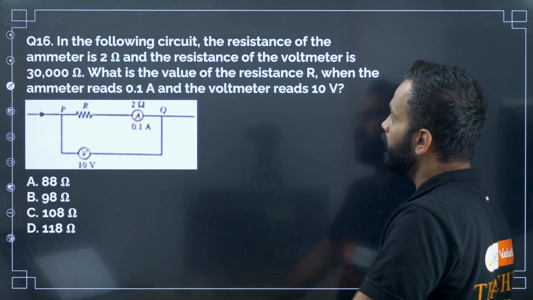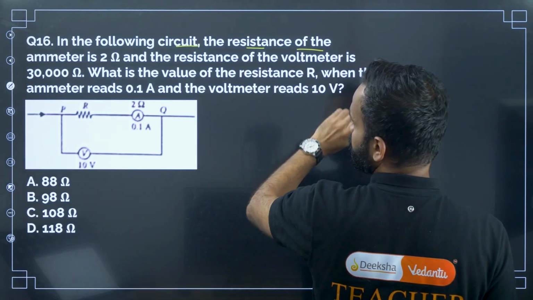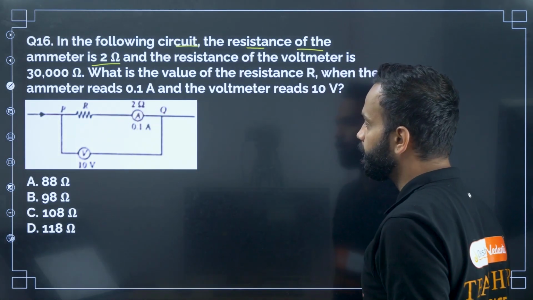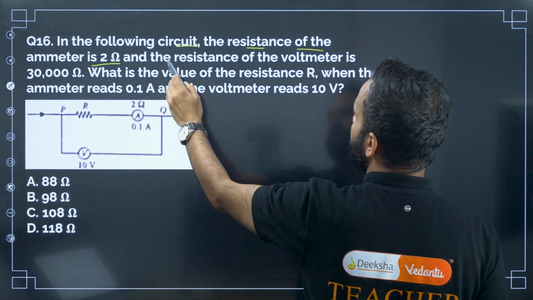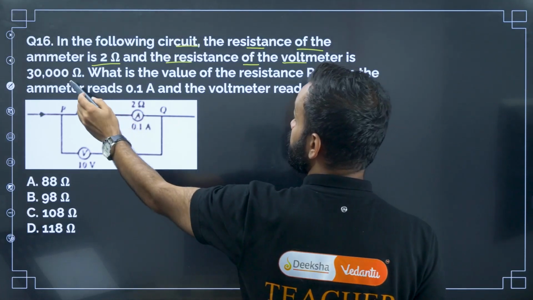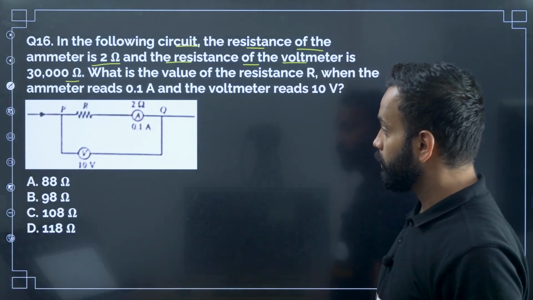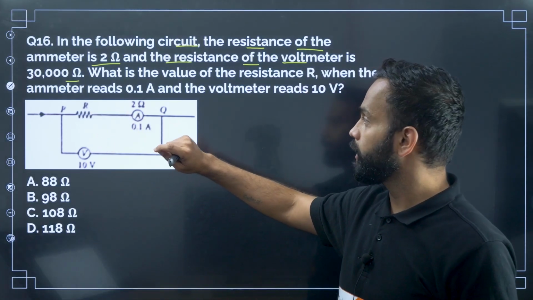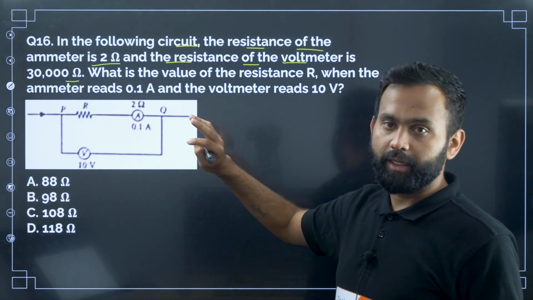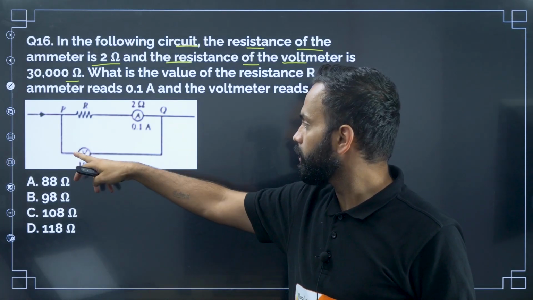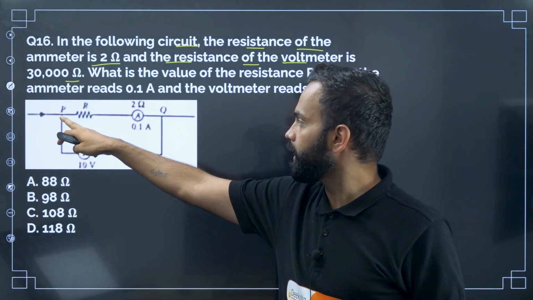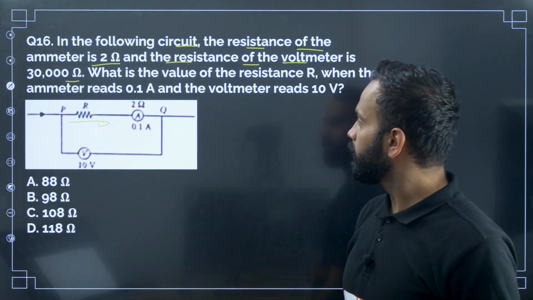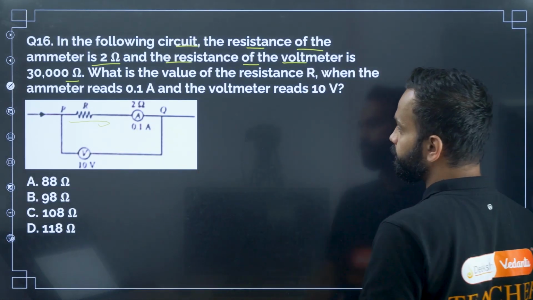Question number 16. In the following circuit, the resistance of the ammeter is 2 ohm and the resistance of the voltmeter is 30 kilo ohm. So definitely the current will not go through the voltmeter; it will go through the resistance and ammeter.